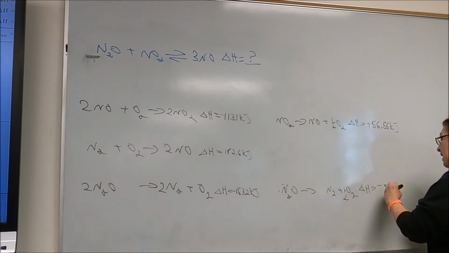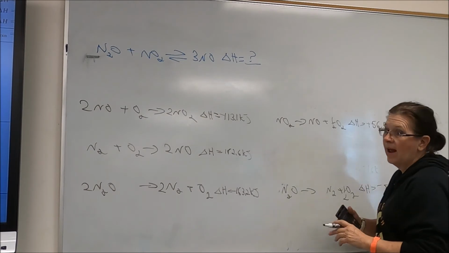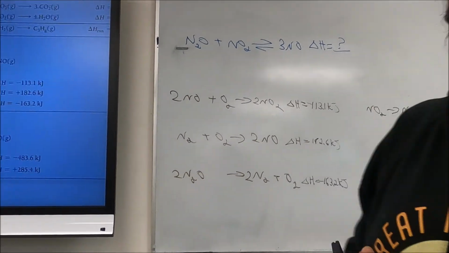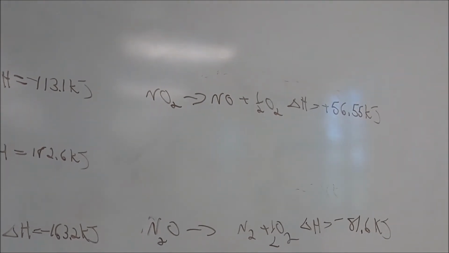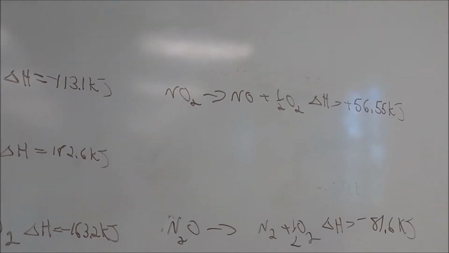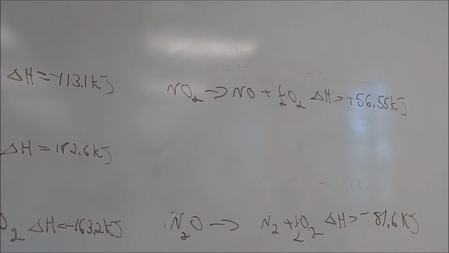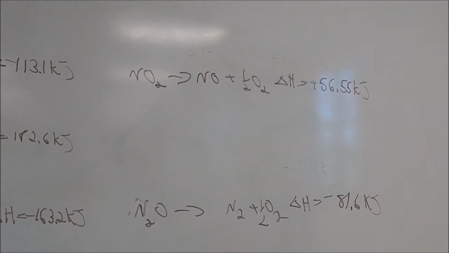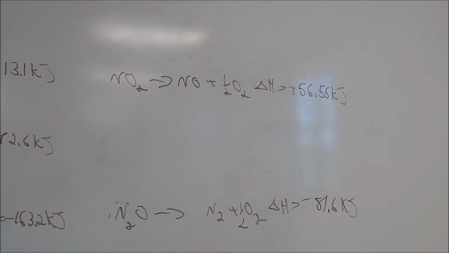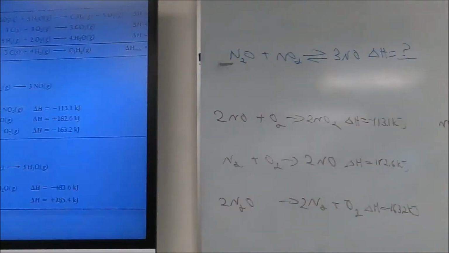So minus 81.6 kilojoules. Okay, right now I have the correct number of nitrogen dioxides and the correct number of dinitrogen monoxides on the reactant side. Okay? Just so that you know what we're doing.